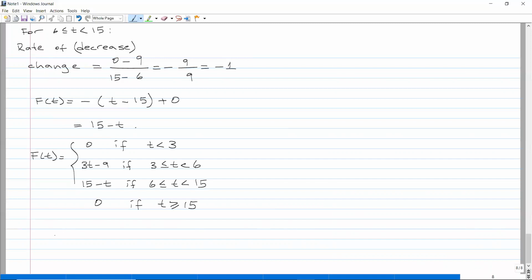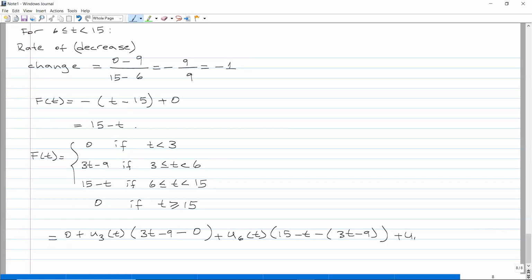Okay, so using unit step functions, we start with 0 plus the first unit step function, u3. So we take the function after t equals 3, 3t minus 9, minus the function for t less than 3, which is 0. The next one is u6. The function for t greater than 6, 15 minus t, minus the function for t less than 6, 3t minus 9.